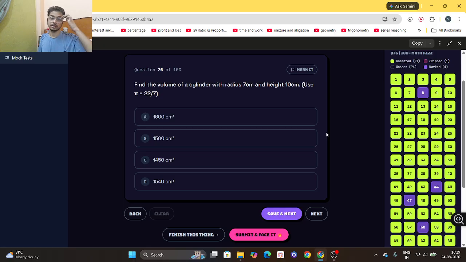Find the volume of a cylinder with radius 7 centimeter and height 10 centimeter. Pi r square h.